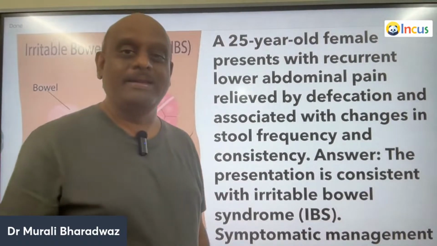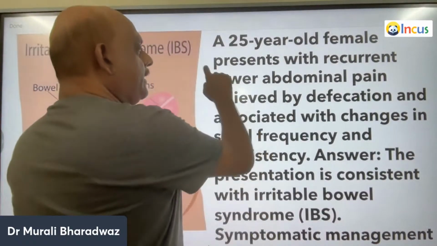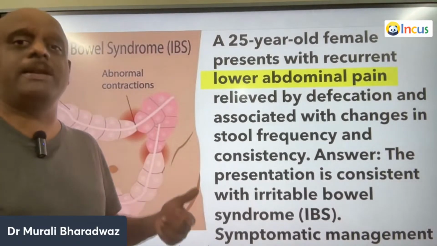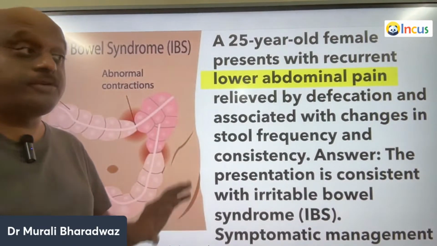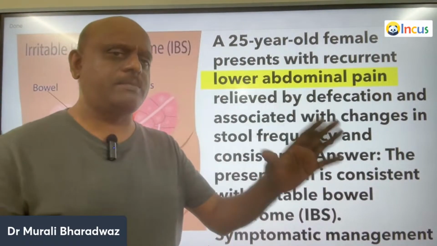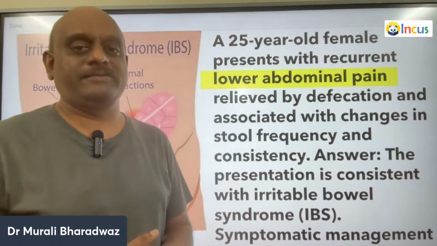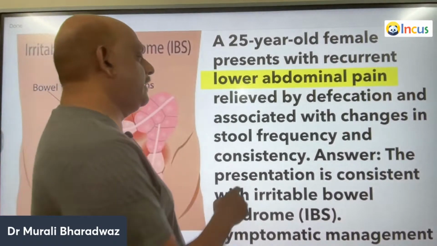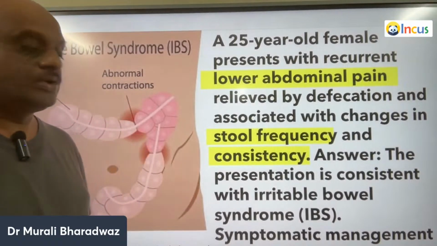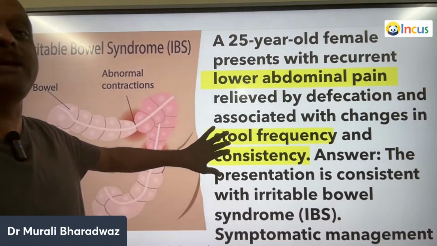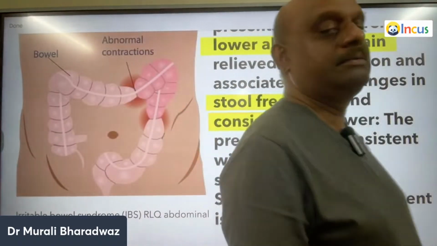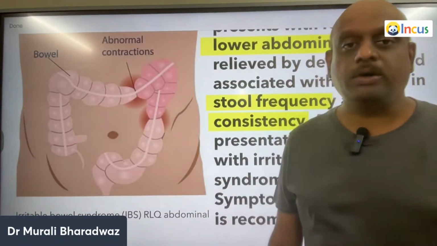A 25-year-old female presents with recurrent lower abdominal pain. But if she goes to the washroom and has defecation, even if a little stool comes, the pain is relieved. Because of that, there is a change in stool frequency and consistency. So this is classical of irritable bowel syndrome, and you need to do the symptomatic management.